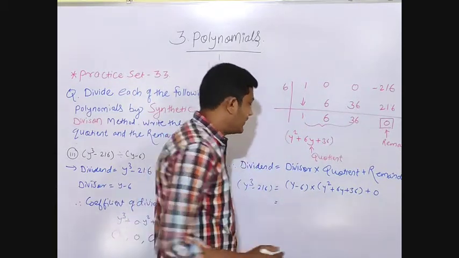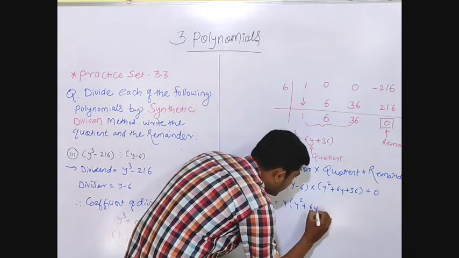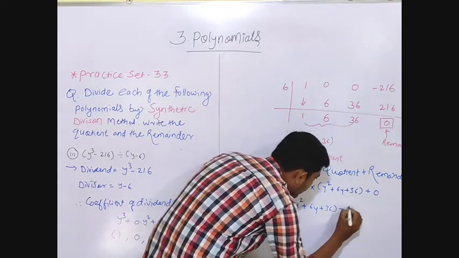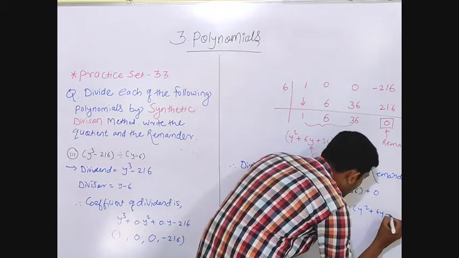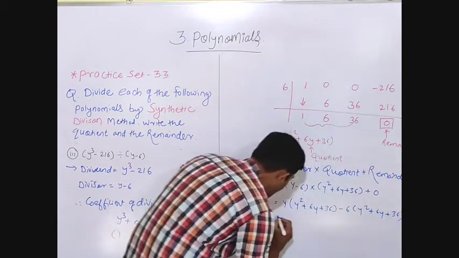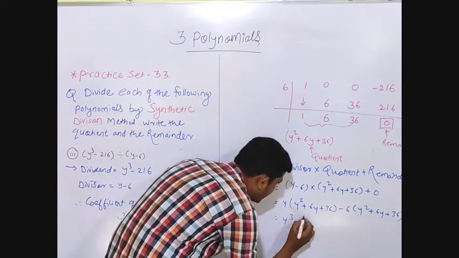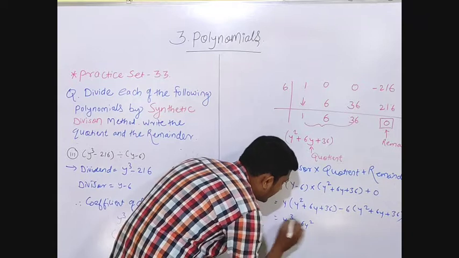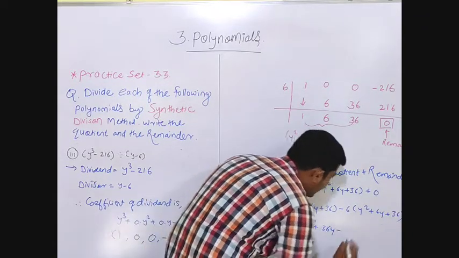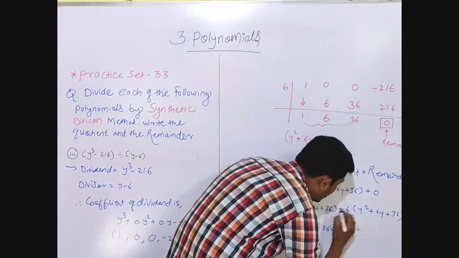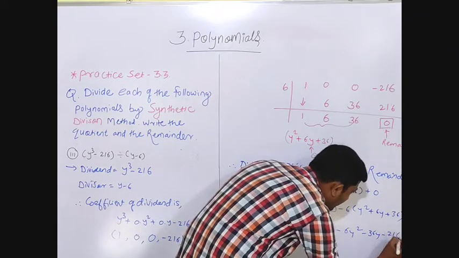If we carry the multiplication: y into y square plus 6y plus 36, minus 6 into y square plus 6y plus 36. So y into y square is y cube plus 6y square plus 36y minus 6y square minus 36y minus 216.